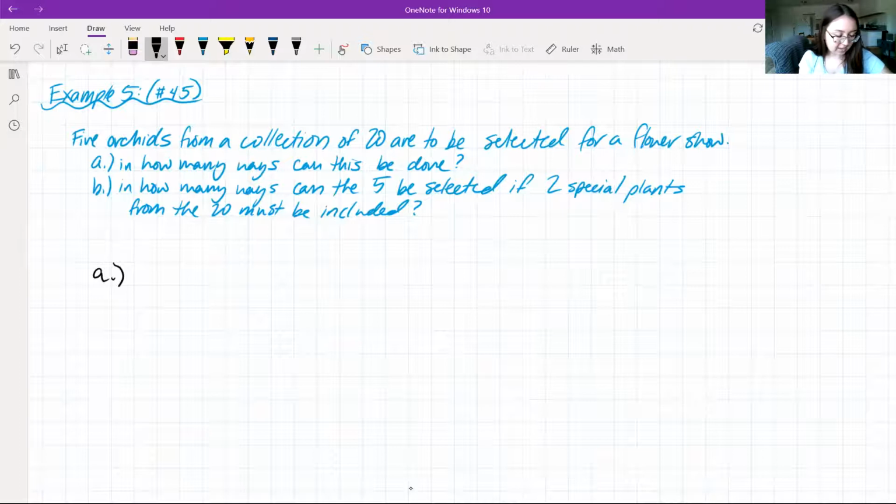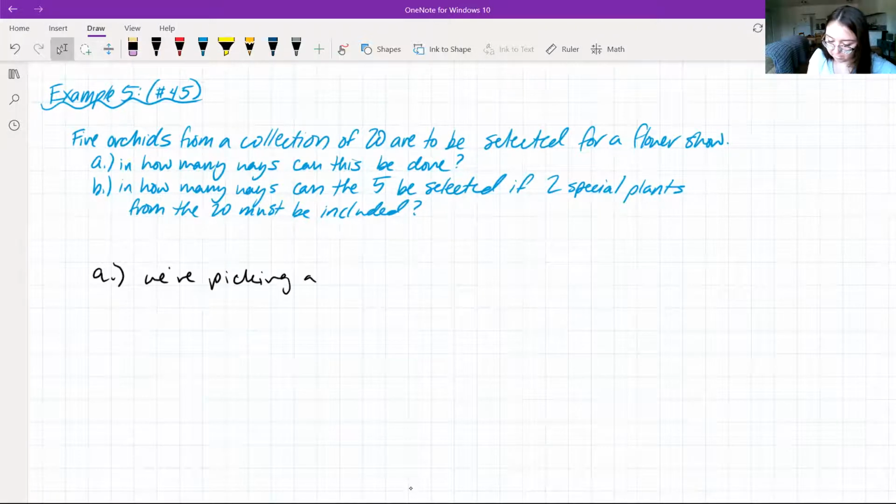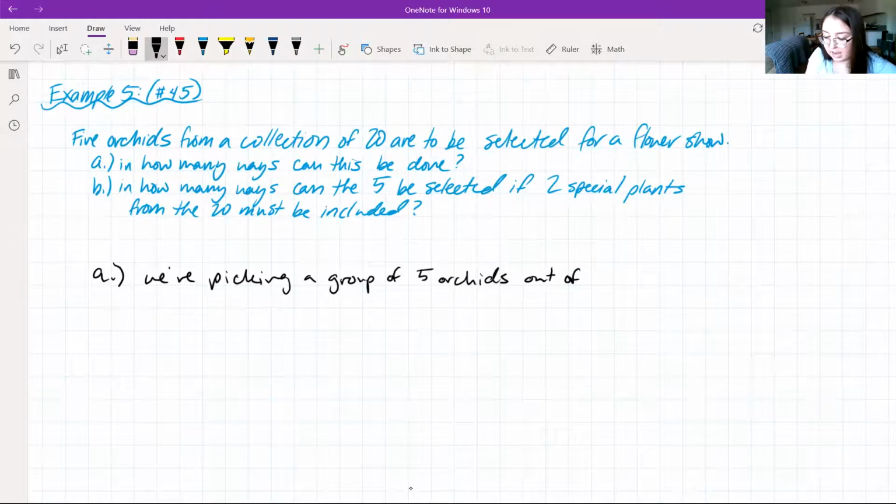So for part A here, we're just picking out 5 of the 20 without any order. So we know we're picking a group of 5 orchids out of 20 to be in the flower show.